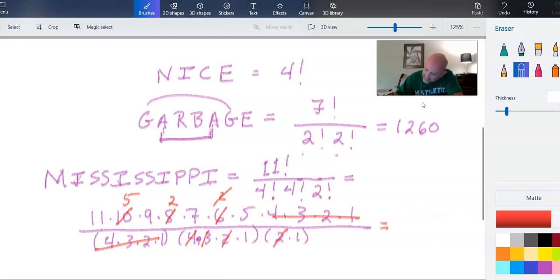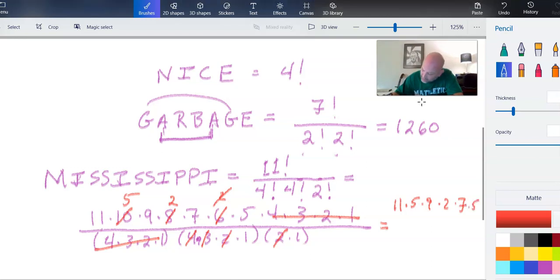So 11 times 5 times 9 times 2 times 7 times 5. Woo! And that's it. That's the whole thing. We just have to multiply those guys together. So let's see here. That is something I'm going to do on the calculator.